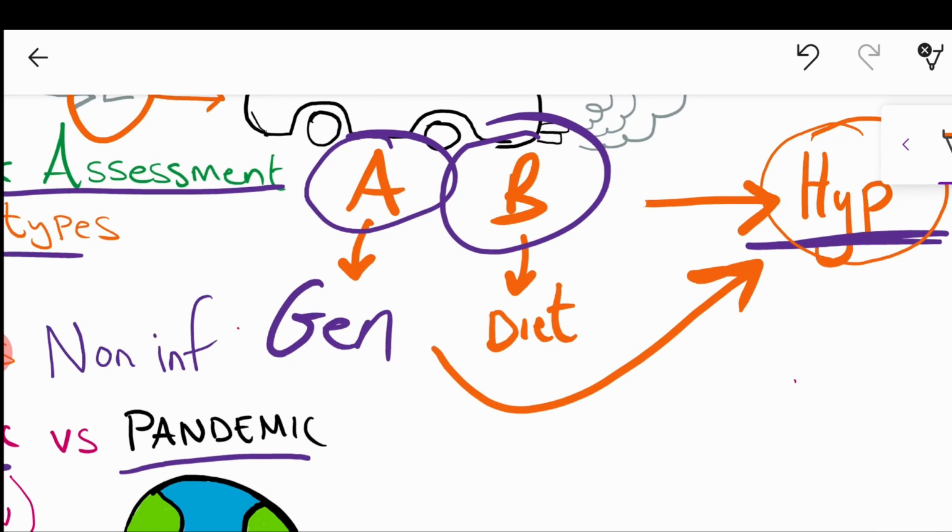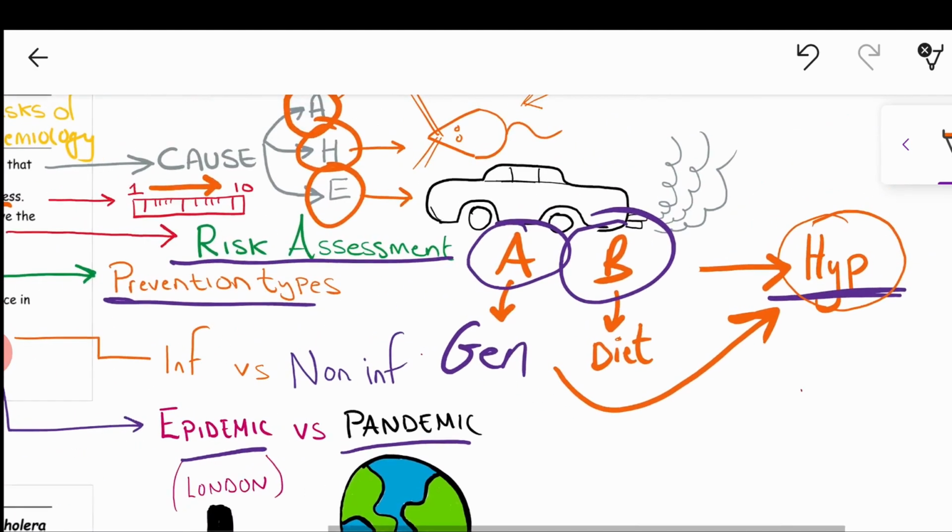If we have group A, and group A have some genetic predisposition for hypertension, and group B have some lifestyle problems or dietary problems, which is more susceptible to cause hypertension? This is the idea.